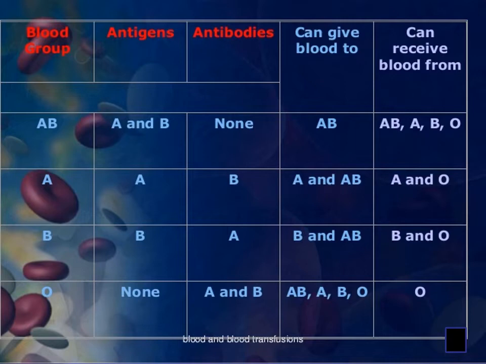Blood group A has A antigen and B antibodies. Blood group B has B antigen and A antibodies, and blood group O has no antigens and both A and B antibodies.